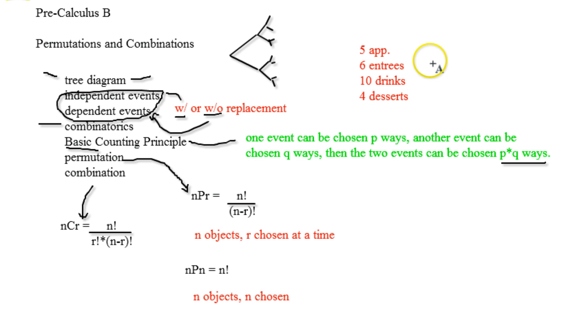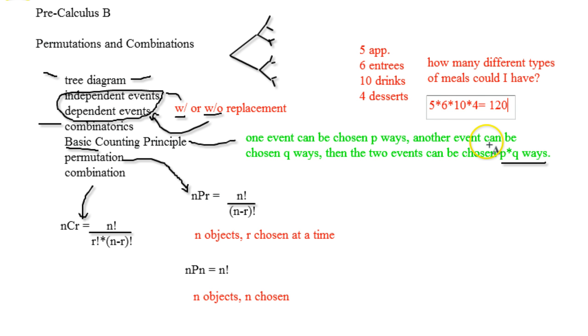How many possible meals, how many combinations of meals, how many different types of meals could I have? This is where the fundamental counting principle comes into play. So we would do 5 times 6 times 10 times 4. If we check that on our calculator, it should be 1,200 distinct meals.